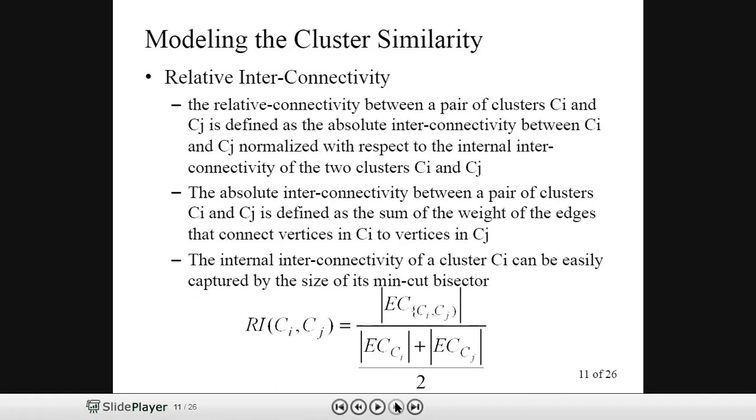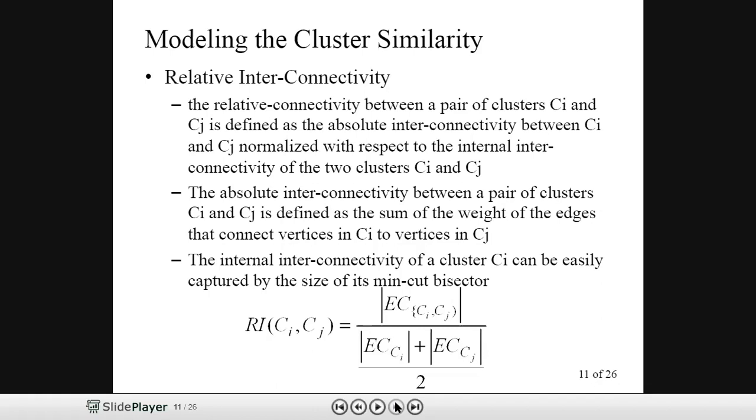Now, when the partition has been done, the next step is the merging of the subclusters. Before merging two subclusters, we measure two parameters: the relative interconnectivity and the relative closeness. First among these is the relative interconnectivity.